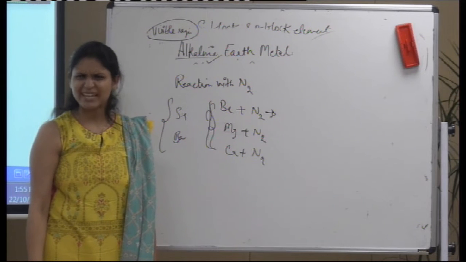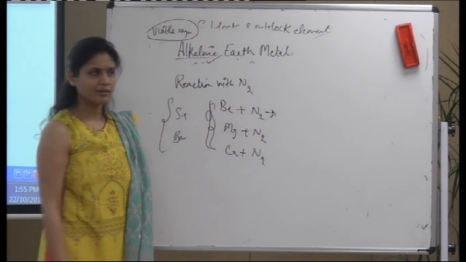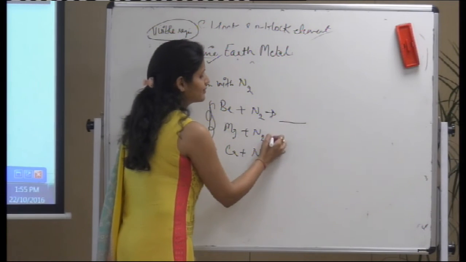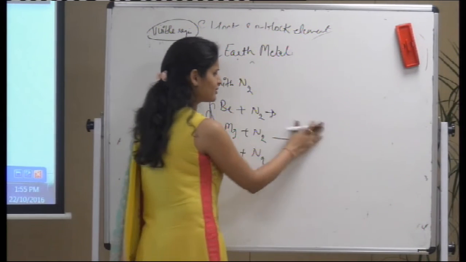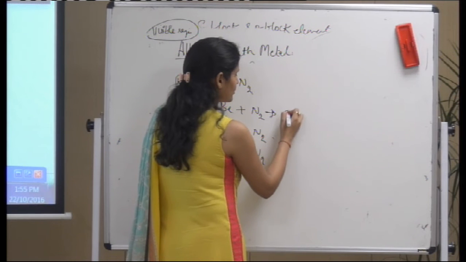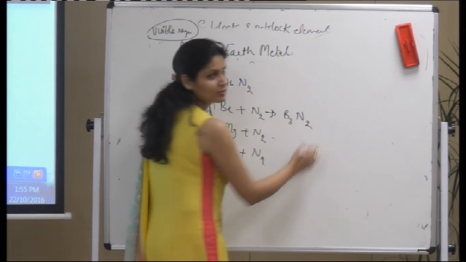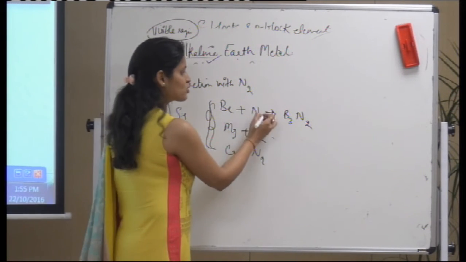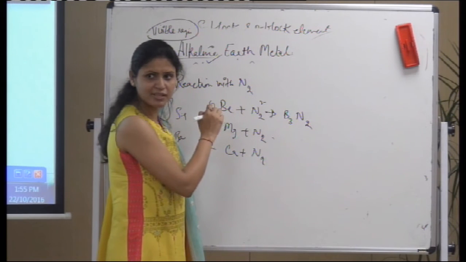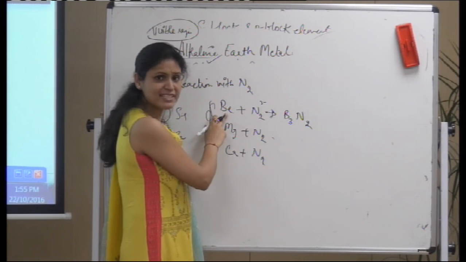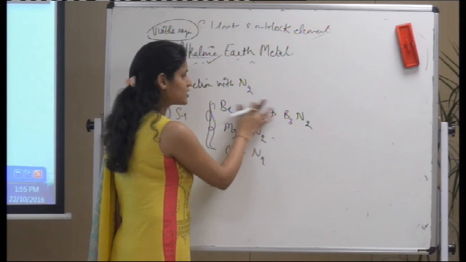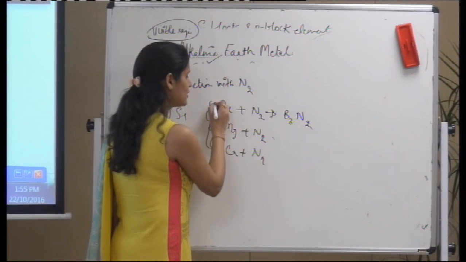It would form a nitride. What would be the formula for nitride? B3N. Are you sure? B3N2. This is because nitrogen has a valency of -3 and beryllium has a valency of +2. So it would be B3N2.